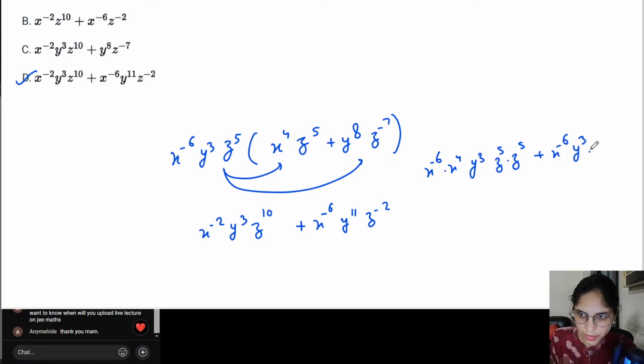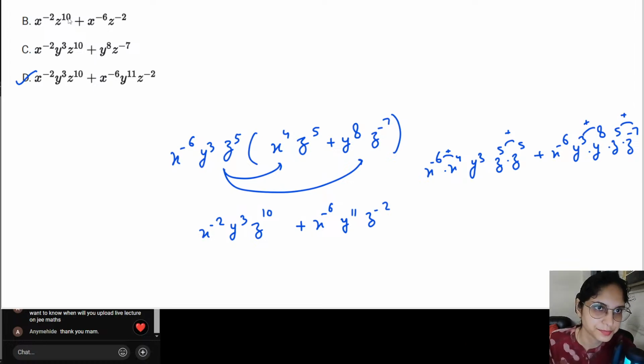Combine the terms together: y cubed, y to the 8th, z to the 5th, z to the negative 7. So negative 6 plus 4, 5 plus 5, 3 plus 8, 5 plus negative 7.